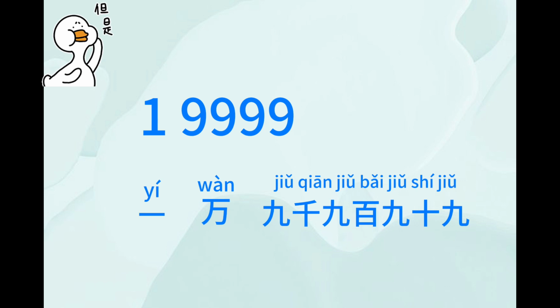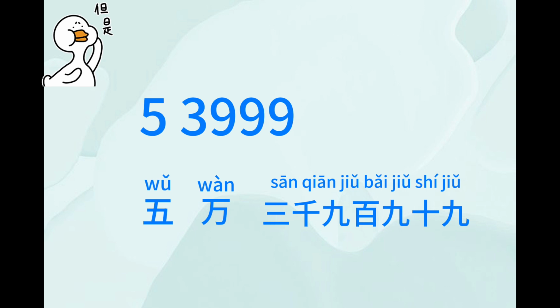19999, still the same. Remove the last 4 digits and put 万. We get 一万. And then just read the 9,999 regularly. 9,999. In this way, we get 19,999. And this one? 53,999.